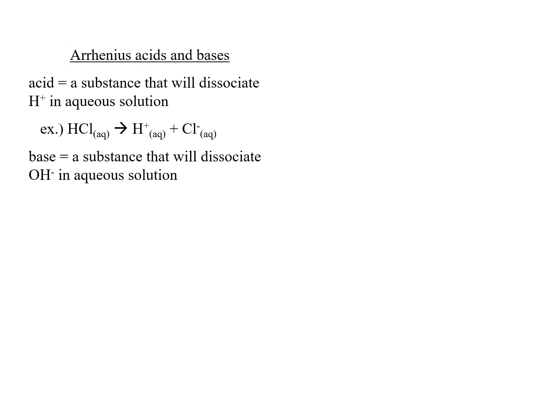And then Arrhenius went on to say that a base would be any substance that dissociates OH negatives in aqueous solution. So those are those hydroxides that we talked about before. So if you dissolve a base in water, he says that a base will always release OH negatives into the water.